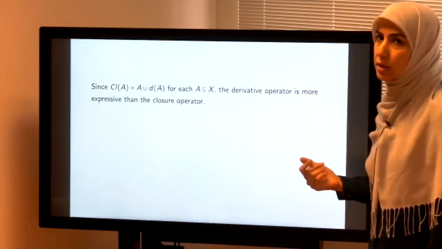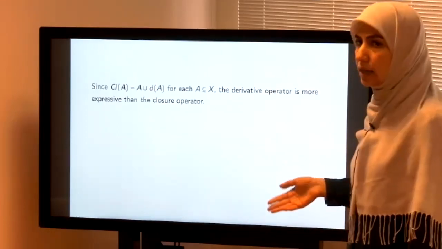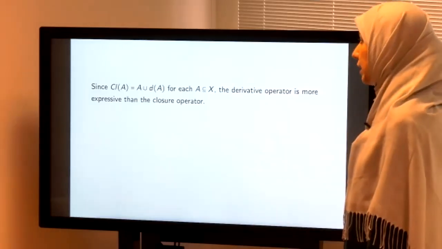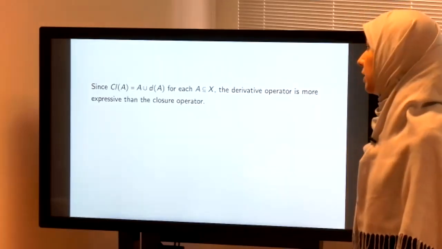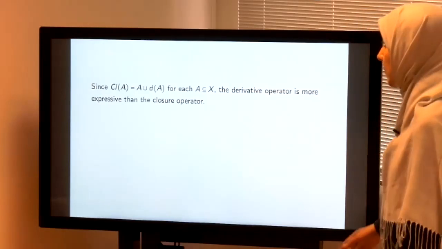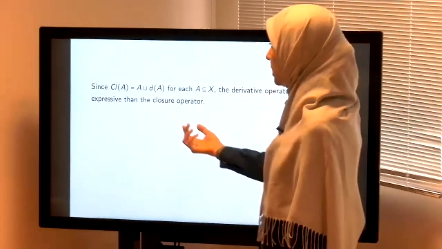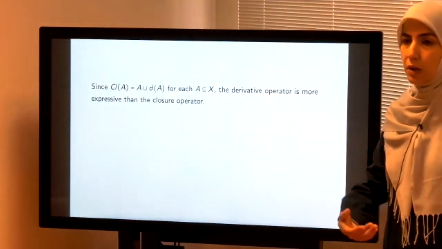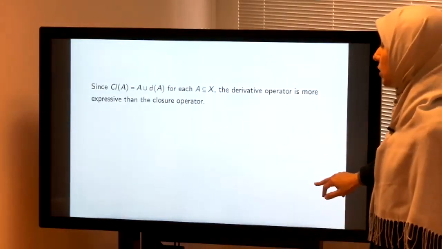As you remember from topology, the closure of A is the set A with all its limit points, which means A union D of A. So we expect, and we will see, that the derivative operator is more expressive than the closure operator. If we want to interpret diamond as D, and since box is the dual of diamond, we need a notion which is the dual of the D operator.